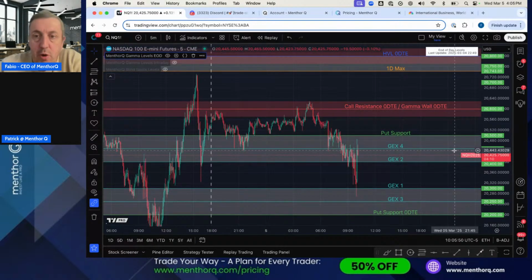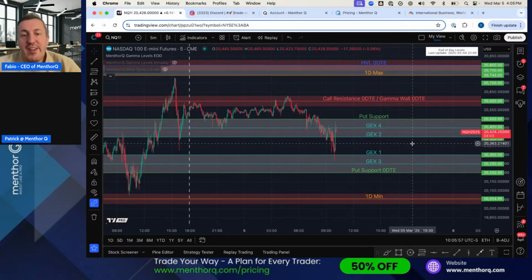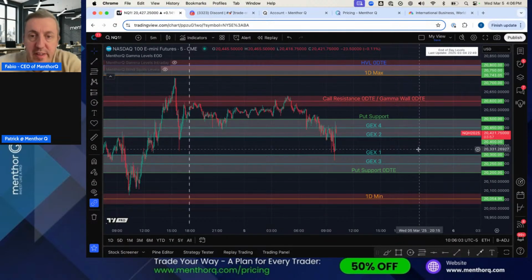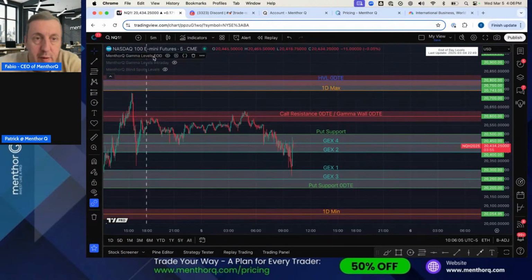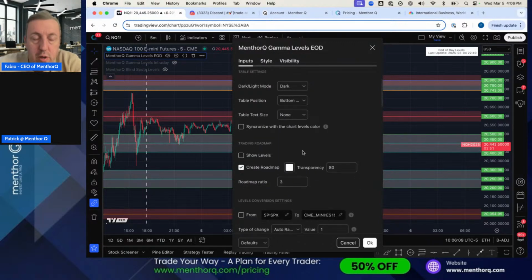The system automatically draws these areas for us, and this could become our entry point, our exit point, or the areas where we don't want to trade. Patrick is going to go into more details about this, but this is a really new feature that we have. And if you want a cleaner chart, you can hide the levels right there.